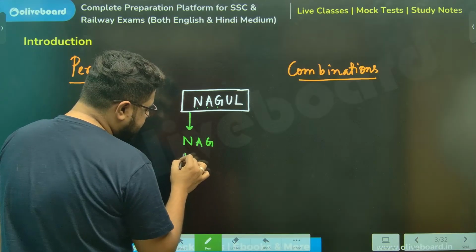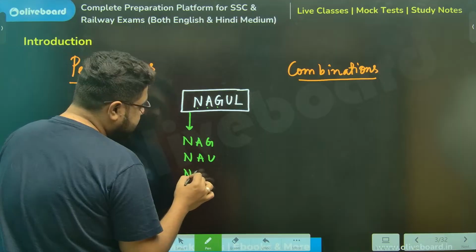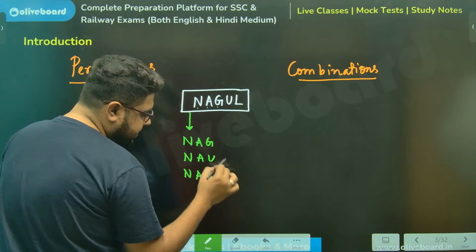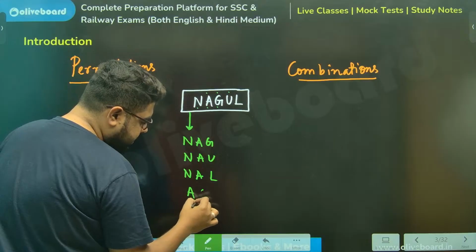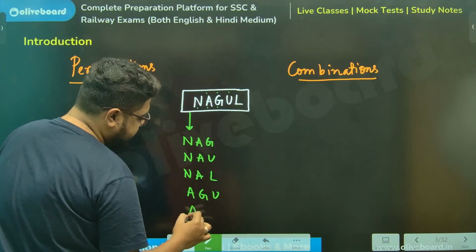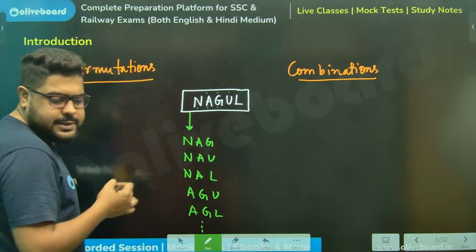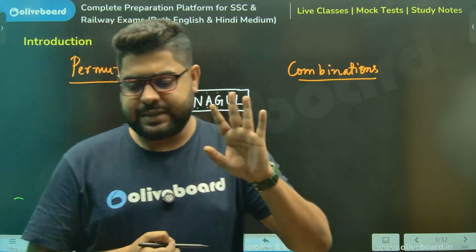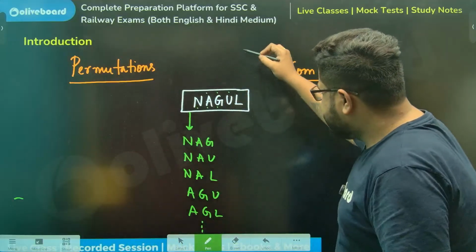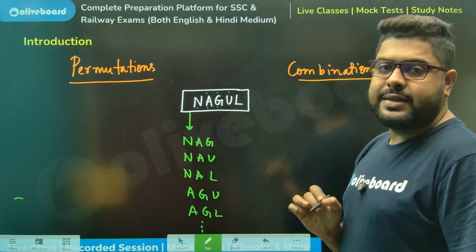Someone will say, no, sir, I'll take N-A, then U. Someone will say N-A, then L. Someone will say A, G, and U. Someone will say A, G, and L. We can go on like this. Everybody, please understand, we can pick three letters out of these five letters in multiple ways.